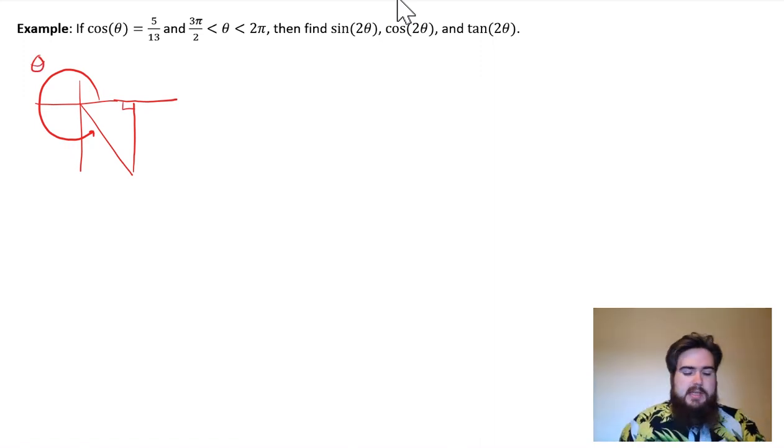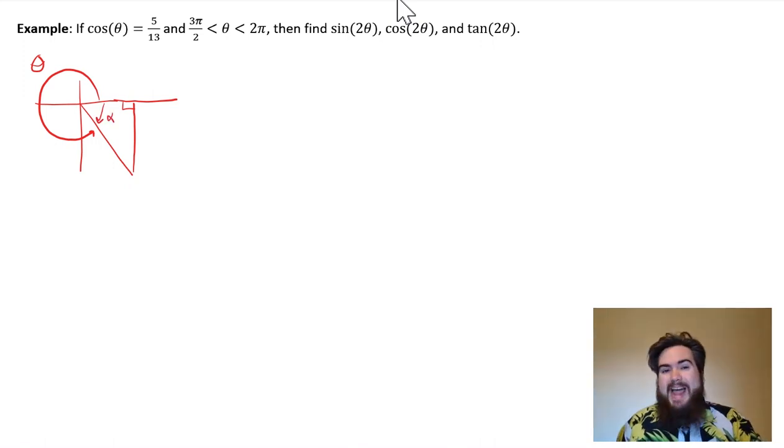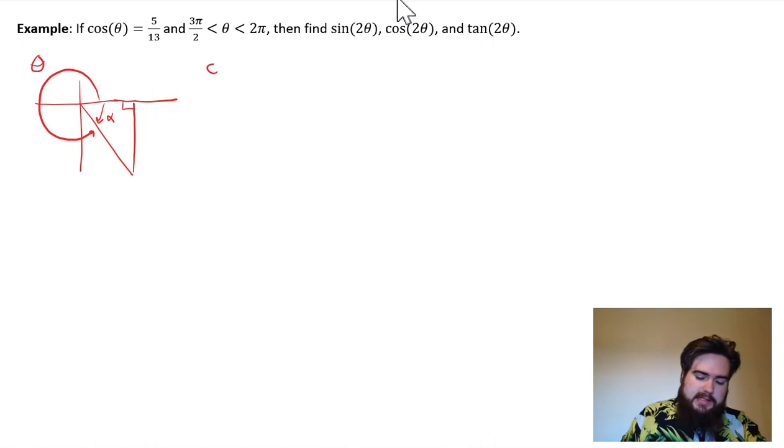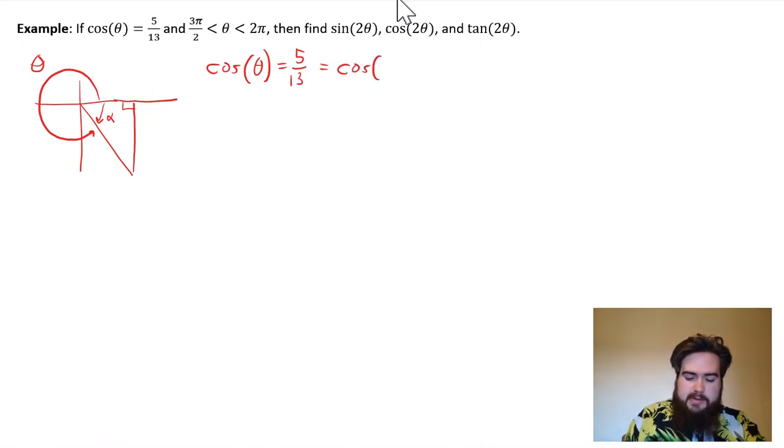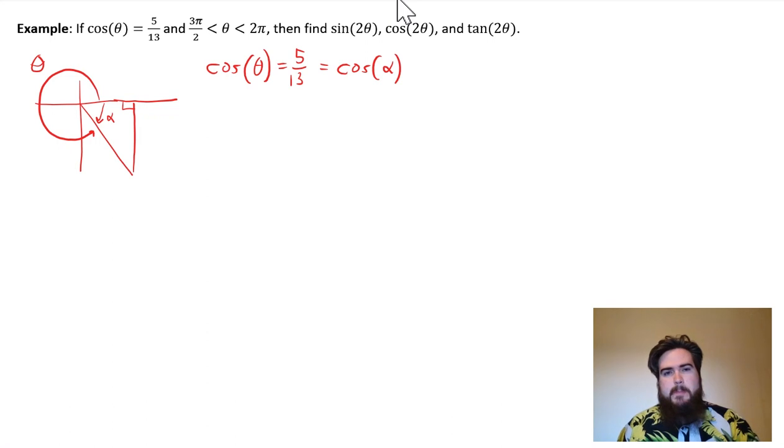Although this is the standard position for theta, I can technically consider this as its reference angle alpha, and instead solve our values considering that. Since I know that if cosine of theta is equal to 5 over 13, then also cosine of alpha is equal to that. In this case, I'll just use theta for simplicity.